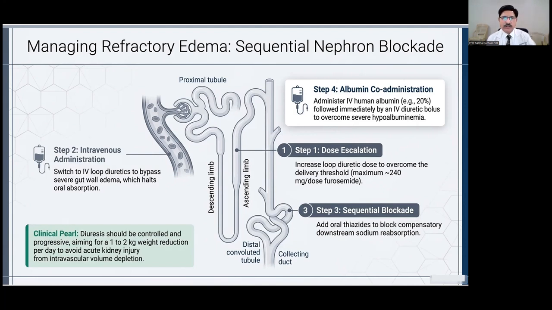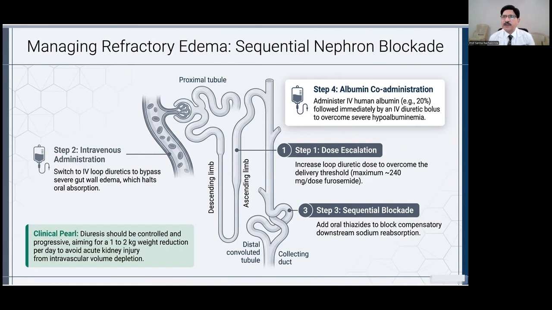One side you keep giving the albumin infusion, and the IV diuretic so that the albumin is retained and not excreted, and then water is lost. So diuresis should be controlled and progressive. What is my target? A minimum of 1 to 2 kilograms weight reduction per day.